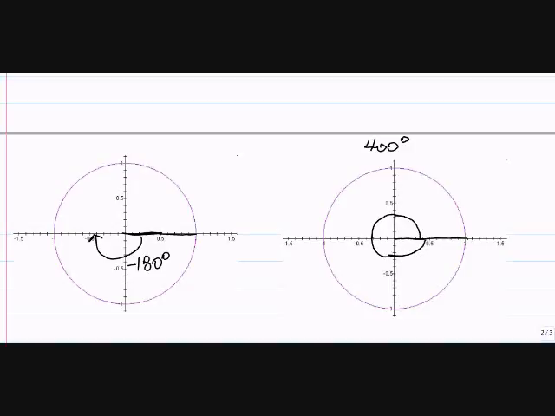Oh, how much more do I have to go? I've got another 40 degrees to go. So let me go approximately 40 degrees here and put my angle. So this angle is 400 degrees.